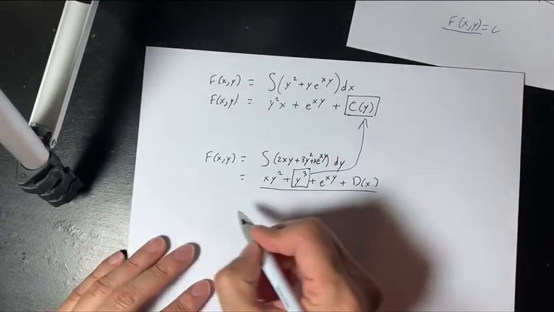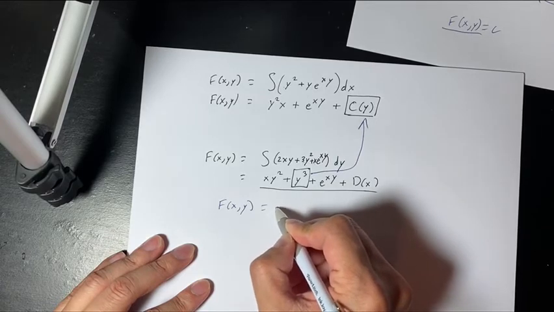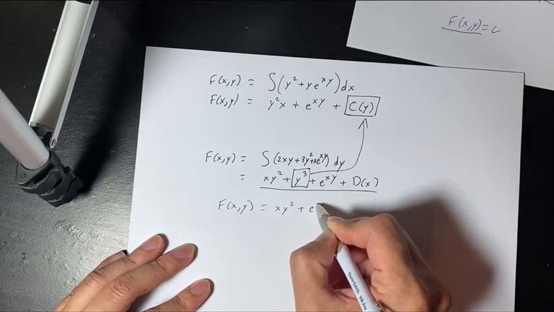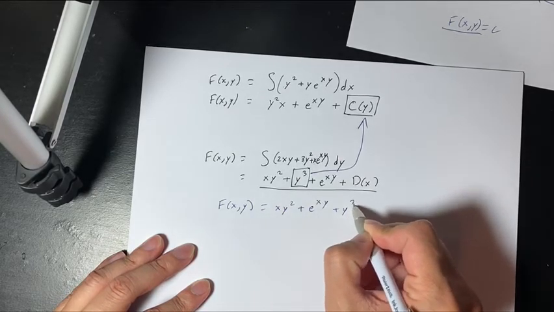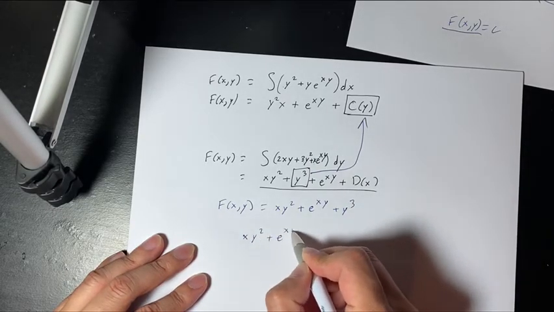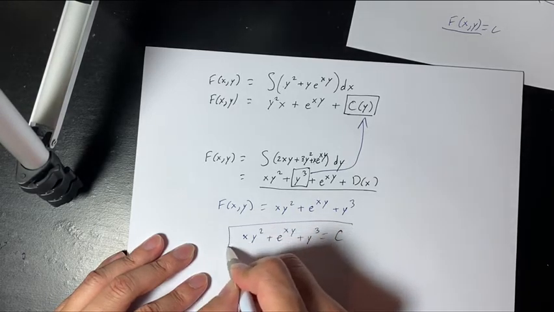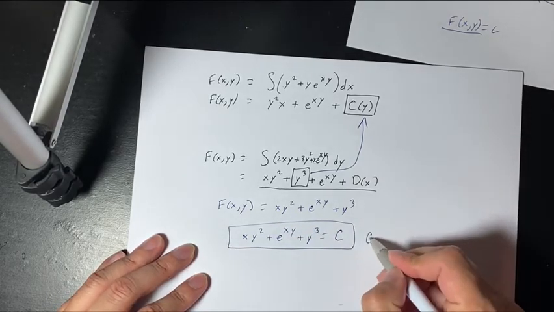So what's my f of xy? It's going to be xy squared plus e to the xy plus y to the third. And so here's my solution. It's equal to some sort of a constant c. Now this is a general solution.